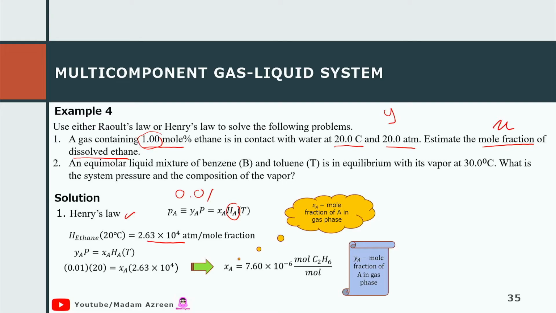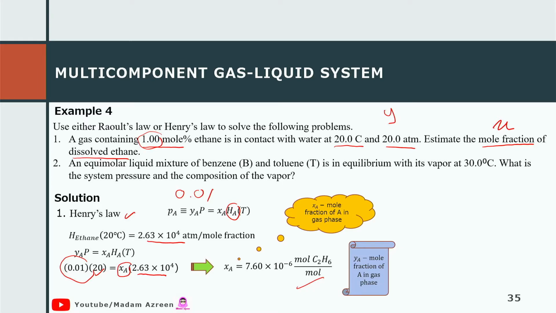We want to determine the value of X_A, which is X for ethane. We have a pressure of 20 atm, we have the constant, and we also have the value of Y, which is 0.01. Then we can straight away get the value of X.